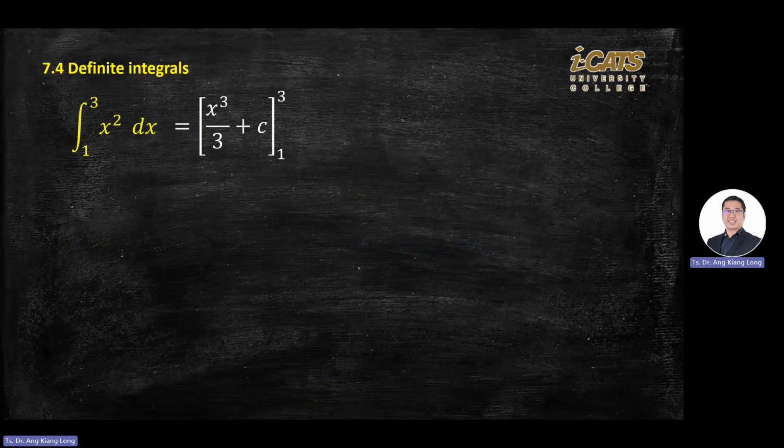Now what you do, you see it as the indefinite integral just now. You write a box. Then for the x squared, you use the general formula in the table just now. This is in the form of a x to the n.